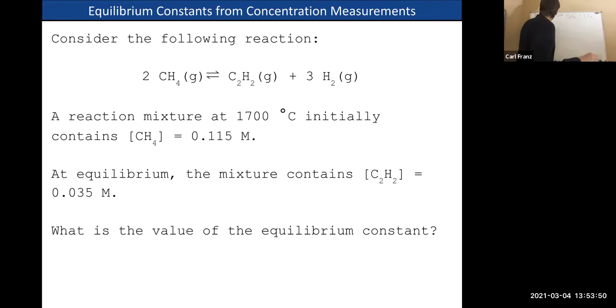Initial 0.115. Equilibrium ethane is 0.035.